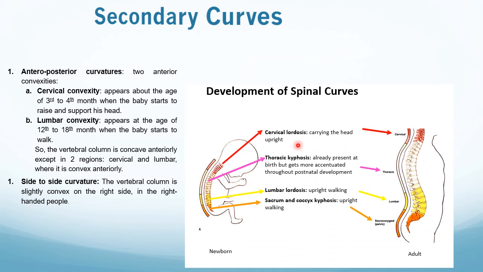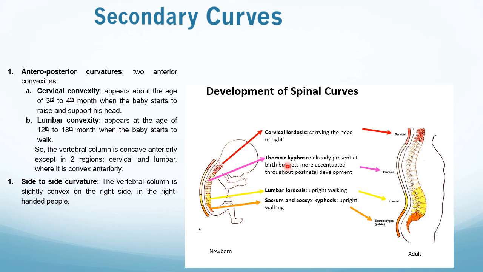Development of secondary curvatures. Here this is the primary curvature. Number one, cervical lordosis: the cervical vertebrae become convex forward at 3 to 4 months of life, because the baby starts to raise his head, carrying the head upright to support it.